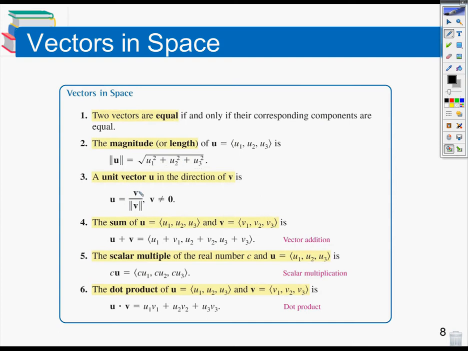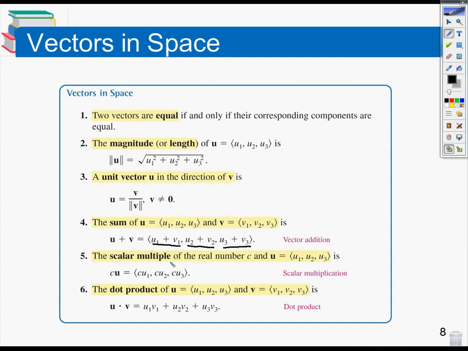A unit vector will still be the vector over the magnitude. The sum will be the same. Normally you would add the first terms together and the second terms together. Well, now because we're in three dimensions, you also add the third terms together, in order to combine two vectors.